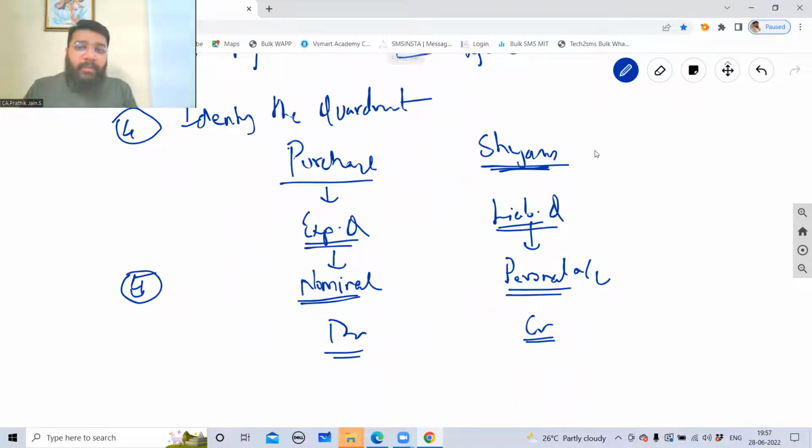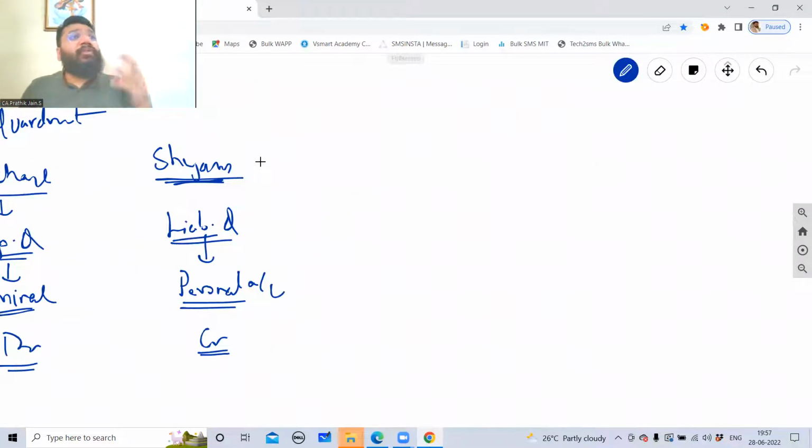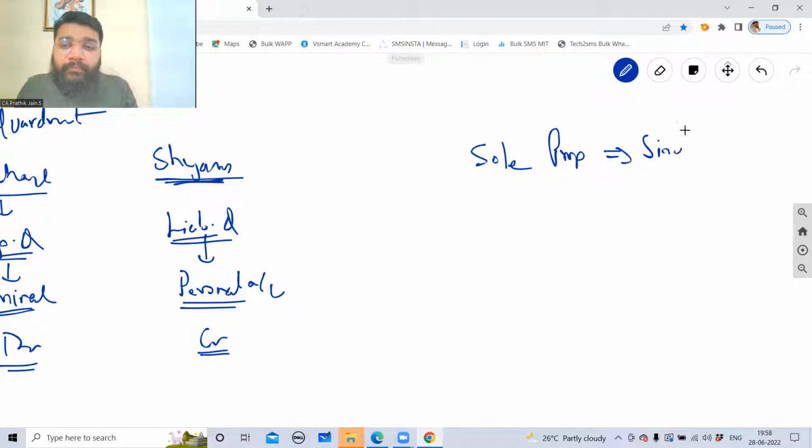Now guys, in India, we can do business in multiple forms. Can I say sole proprietorship is one form? Sole proprietorship business is where a single owner runs the business, an individual person. Second is partnership business.